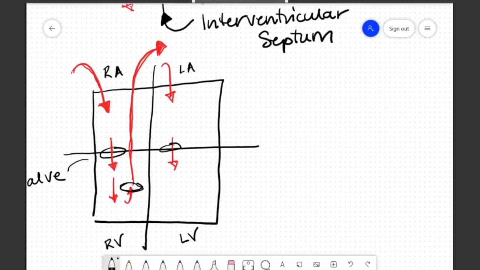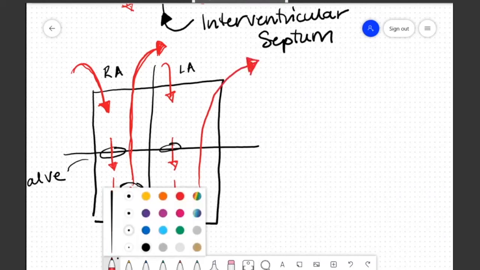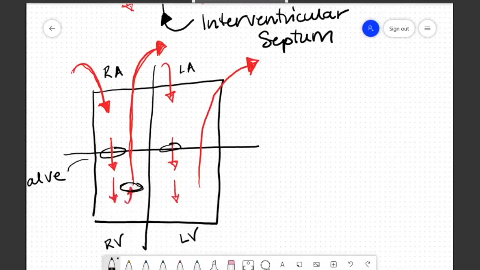This blood will then travel down into your left ventricle, and it will also follow the same pattern. It eventually is going to come out this way and be pushed out of the top of the heart. So if we have a doorway on the right side of the heart leaving, guess what? We're going to have a doorway on the left side of the heart leaving as well.